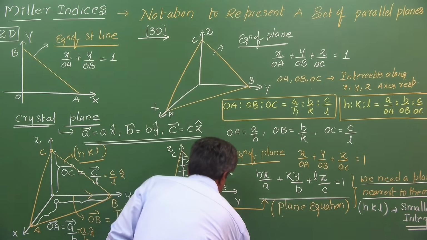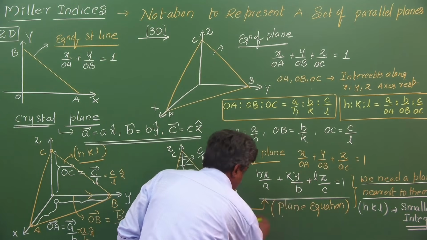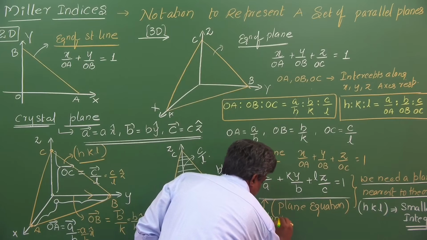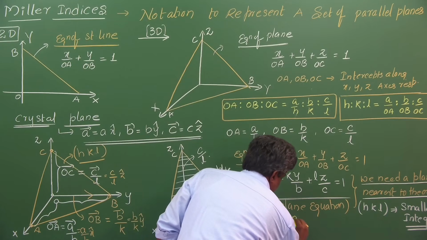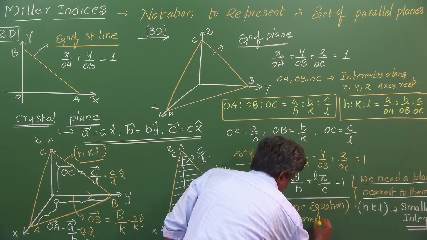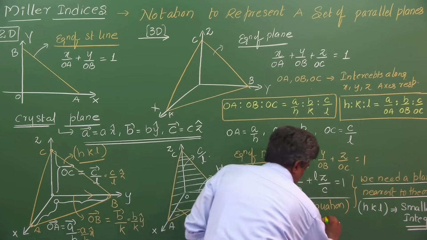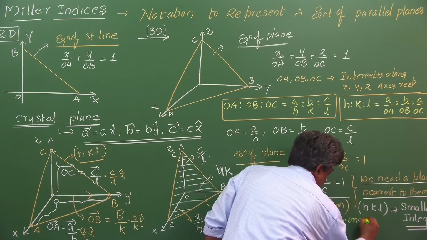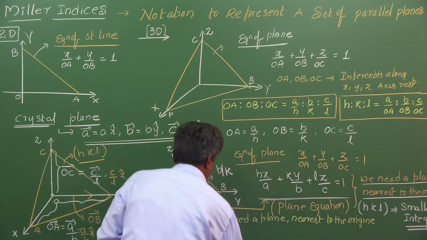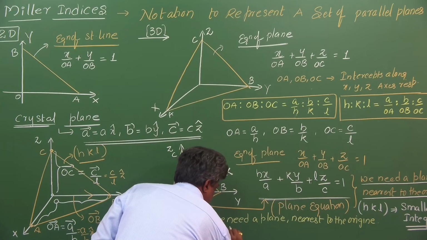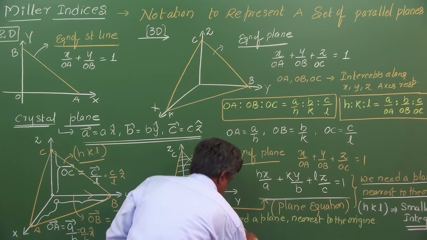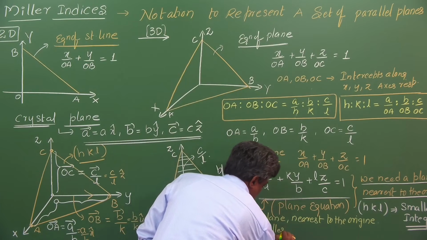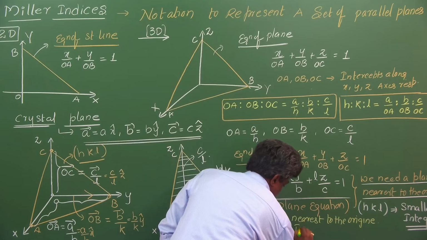So we need a plane nearest to the origin. That's why our H, K, L, these are smallest integers.